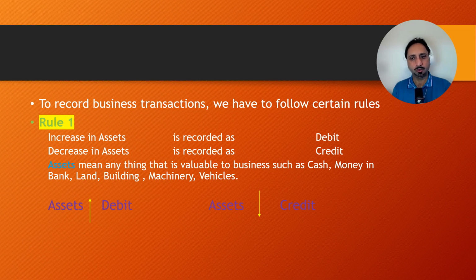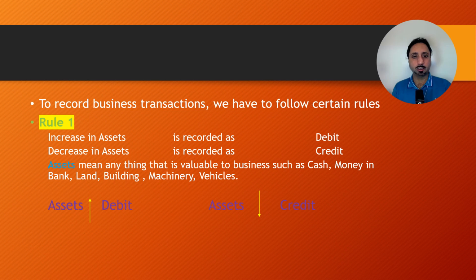If in the case of Nestle there is some increase in an asset as a result of a business transaction, then you will record that aspect as a debit entry. Likewise, if there is a decrease in an asset as a result of that business transaction, then that will be recorded as a credit entry.